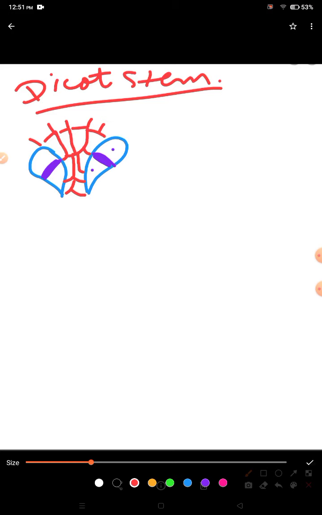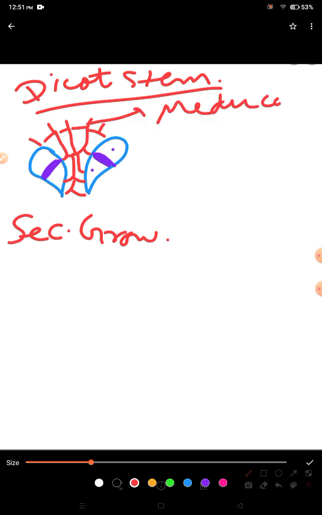But when secondary growth takes place in dicot stem, at the time of secondary growth, the parenchyma cells of medullary rays, which are in continuation with the cambium cells, regain the meristematic activity.